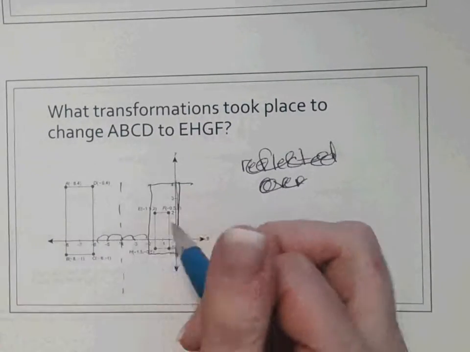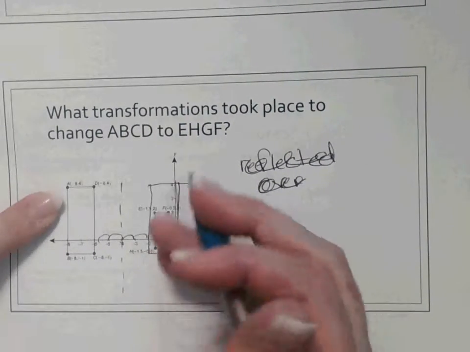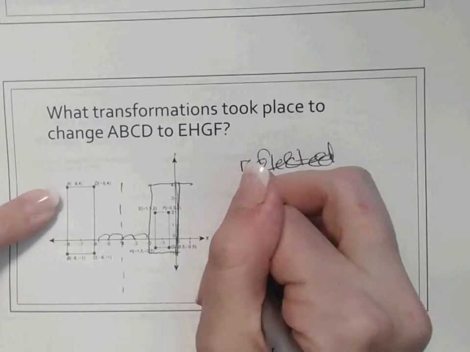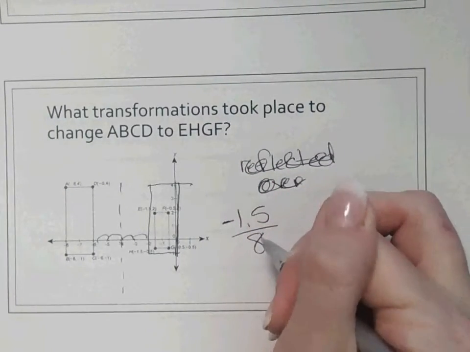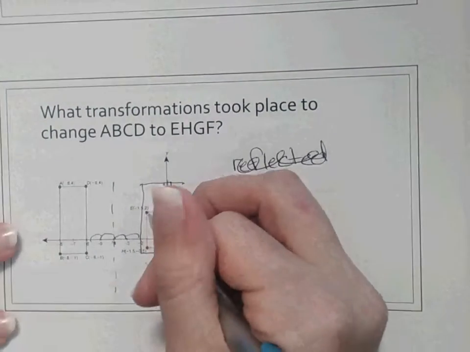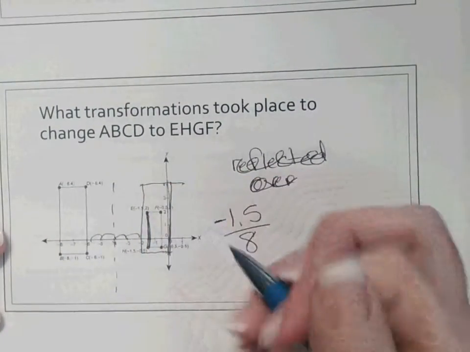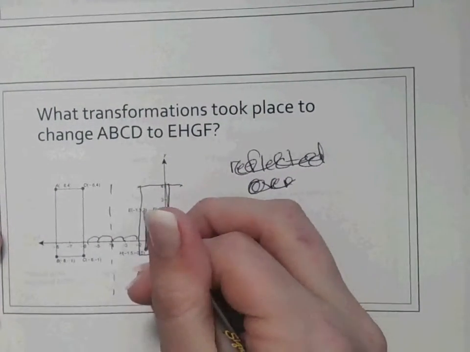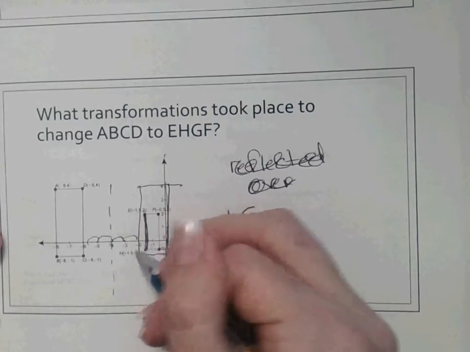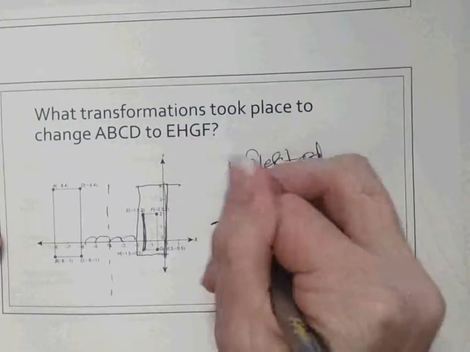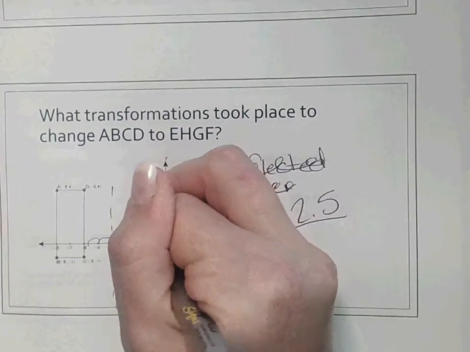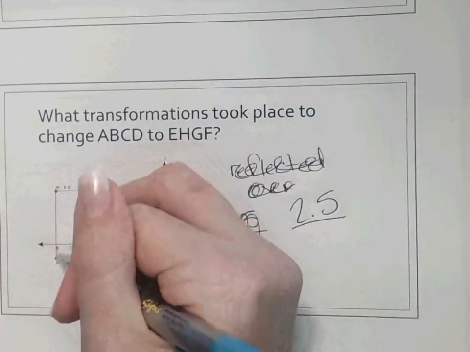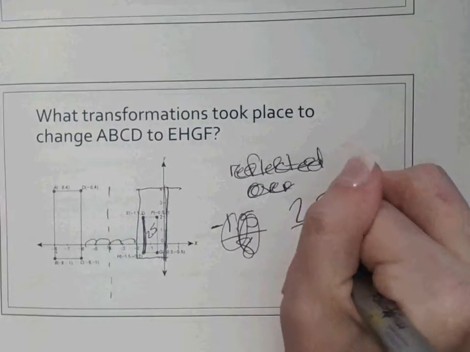Okay, if it dilated and reduced its size, from new would be negative 1.5 over 8. Okay, or I could just find the length of this side, 1.5 and 1.5, so this would be 2.5 units long, and this one is 5 units long.